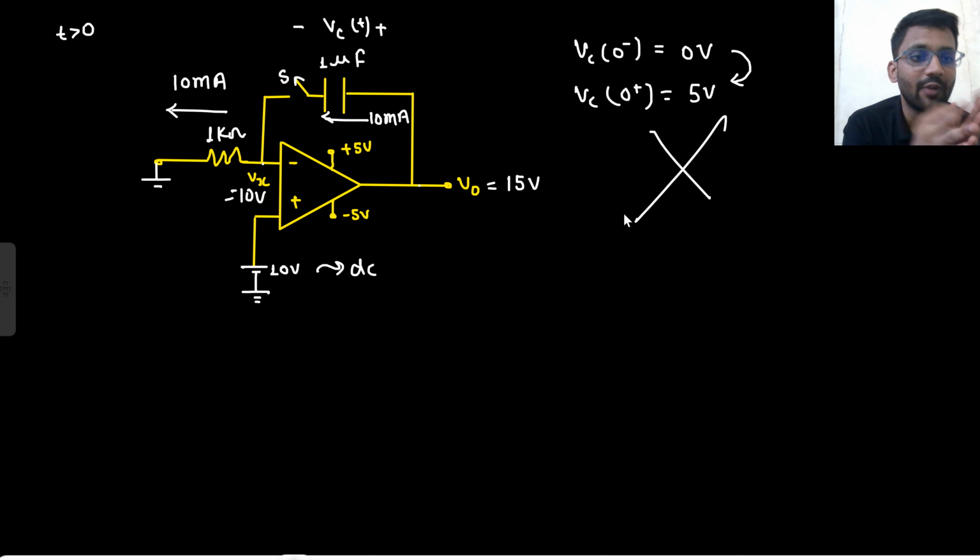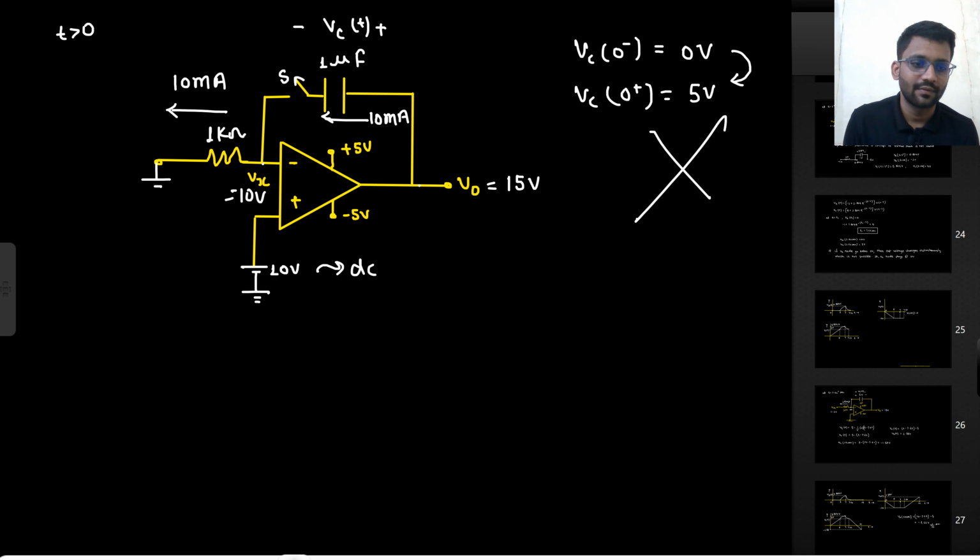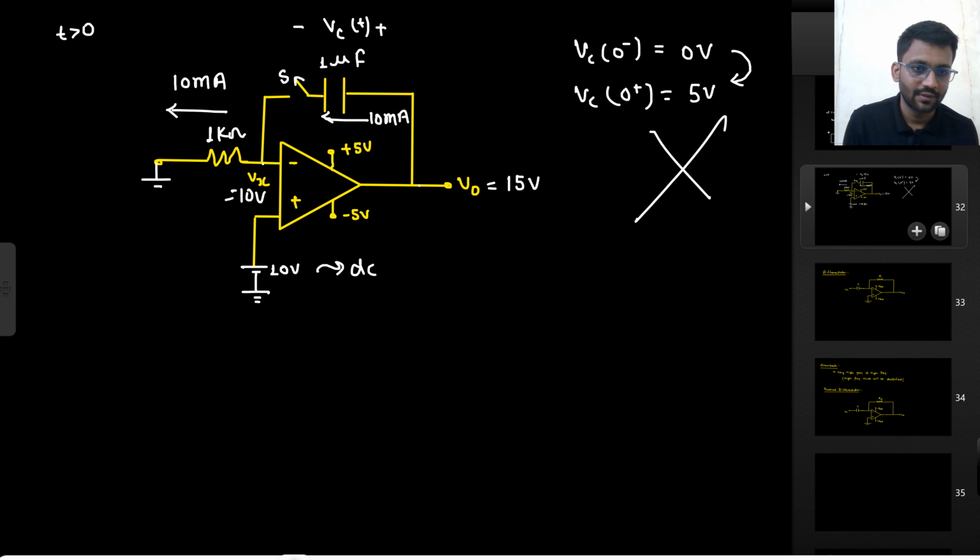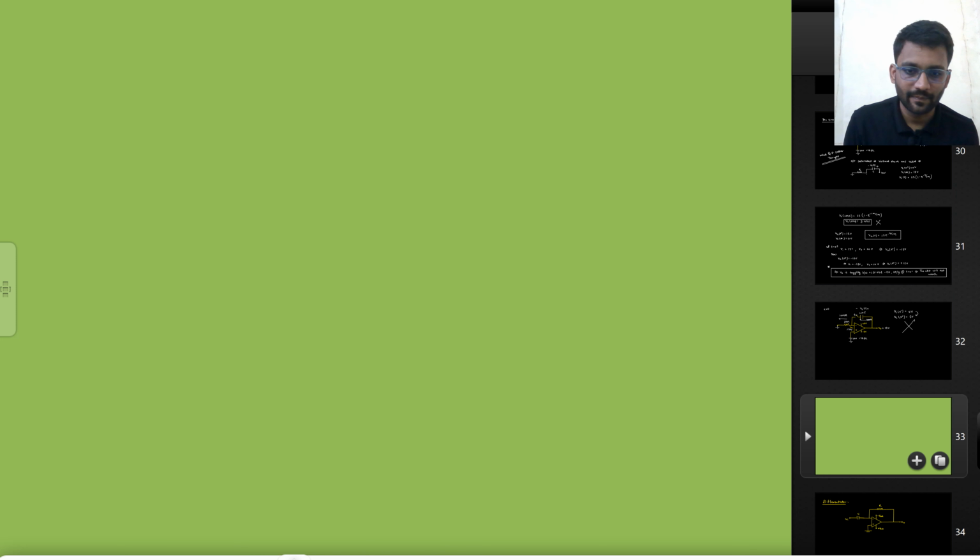Then how they could have made this question correct? What would have been a correct question? So let's check that out. Correct question. They only had to do one change.